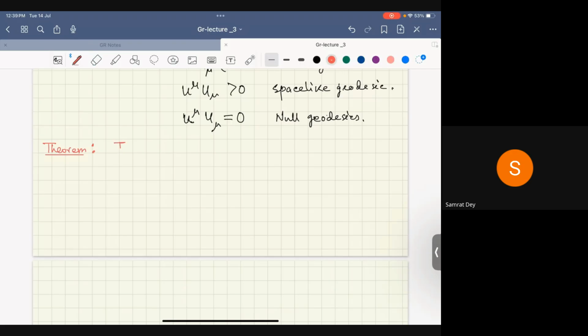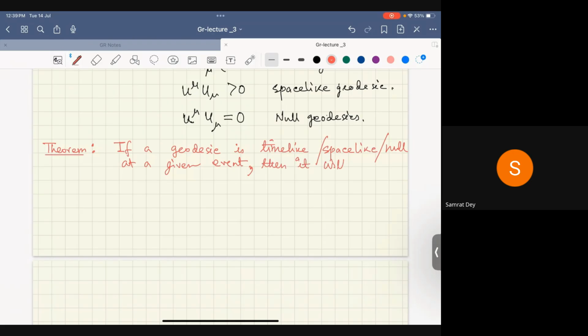If a geodesic is either time-like, space-like, or null at a given event, then it will continue to remain so.